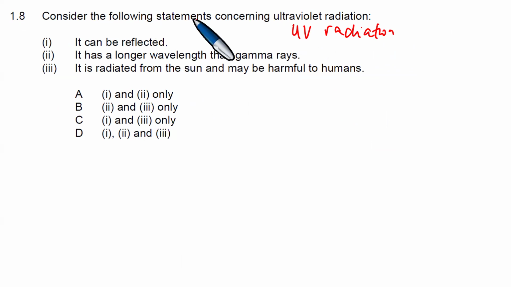Which one is the correct one? A is Roman figure 1 and 2 only. B, Roman figure 2 and 3 only. C, Roman figure 1 and 3 only. D, Roman figure 1, 2 and 3. Which one is the correct answer?